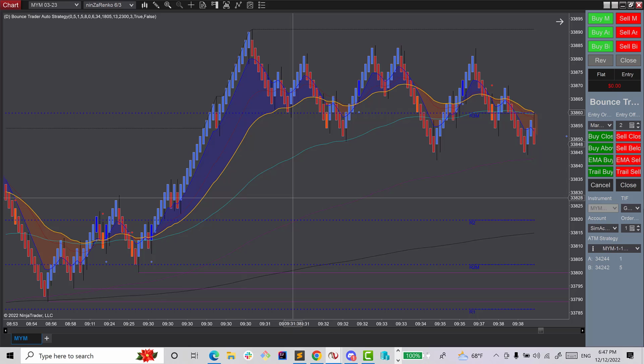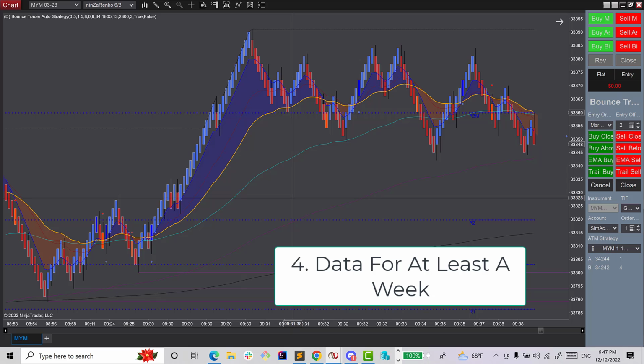Load data for at least a week to see whether it's a viable strategy for you. It has to be repeatable enough. I think one week would be a good size, but if you're using larger time frames, you might need more. For scalpers, I think one week is good enough.